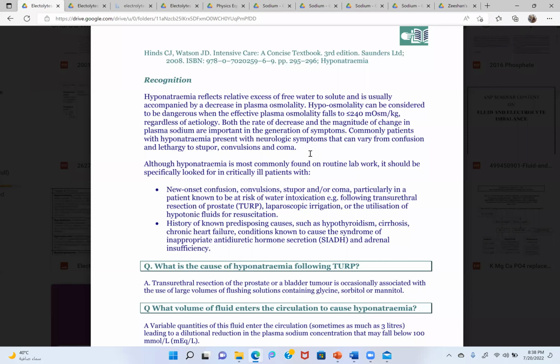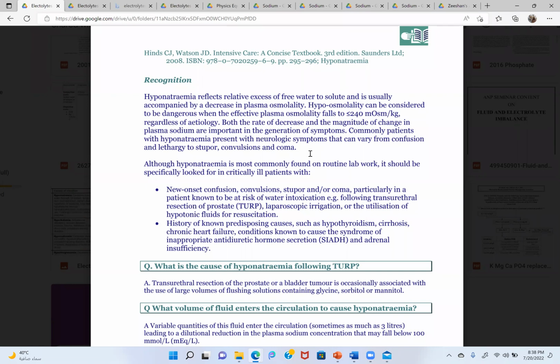Whatever disorder occurs with sodium, another important thing is how fast it develops and how fast you treat it. If you try to overcorrect and be very fast, there will be problems.